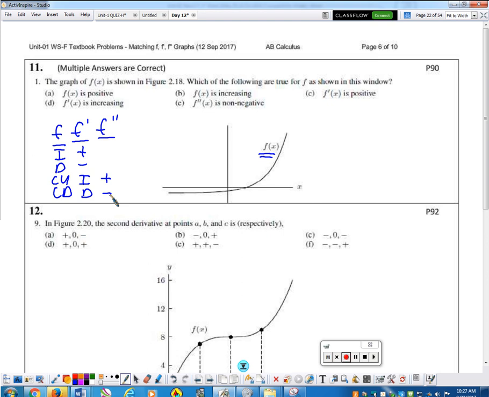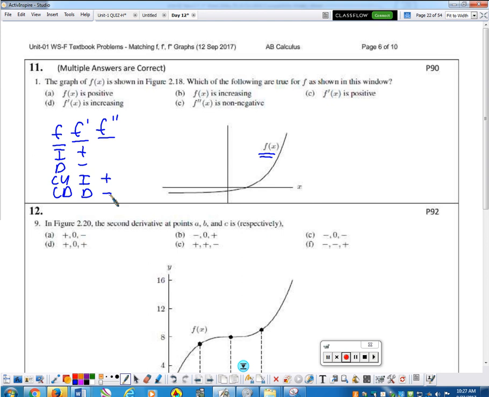What is the second derivative? It's always decreasing. Does it look weird to have that same thing, no concave down?